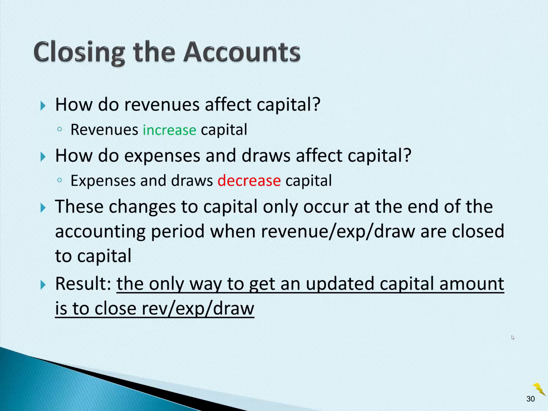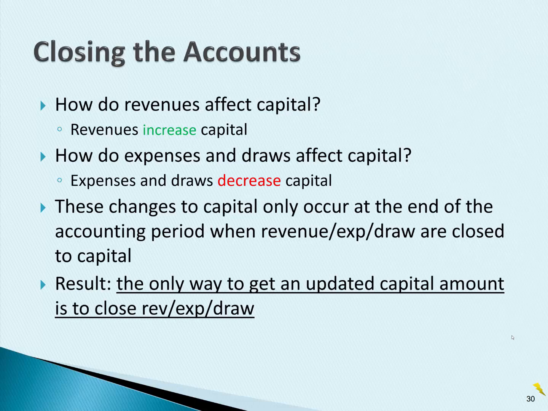For example, your boss asks you for the total revenue for this period. Because the account was closed, which means it was zeroed out at the beginning of the period, you only have to look at the balance of the revenue account to find the answer. If you did not close out revenue, you would have to find each revenue transaction for this period and add them up. That could be thousands of transactions.